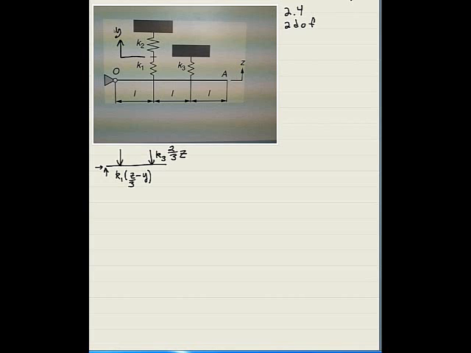Now, what I'm going to do to get the other equation is simply write a free body diagram of the node between K1 and K2. So to do that, I draw a little dot, and that's my object. K1 is touching me, so I'm going to draw the line, write the equation for it, and then I pretend that z is bigger than y, or z over 3 is bigger than y, in which case the spring K1 is compressed.